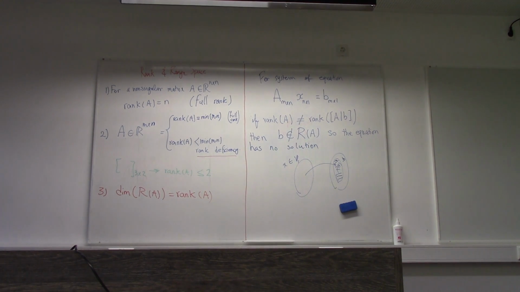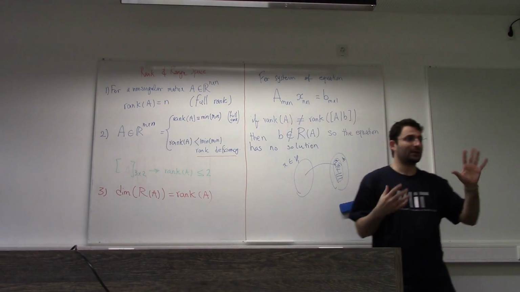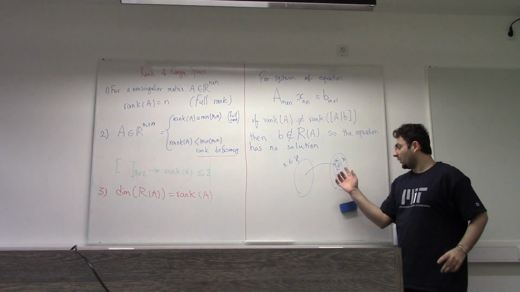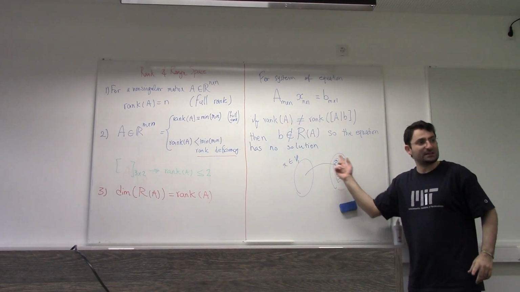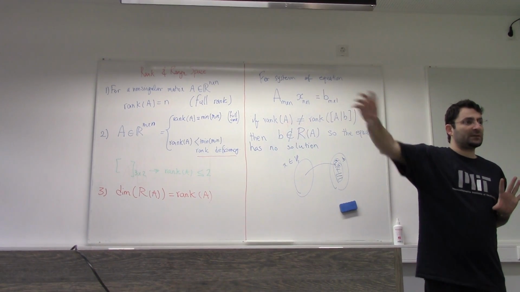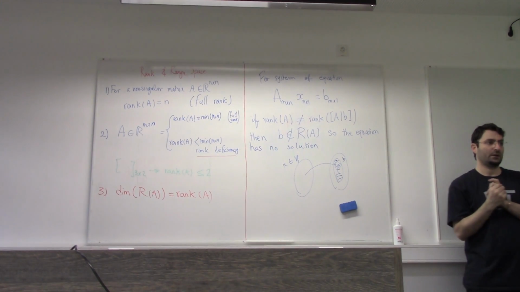We had this one, I think, at the beginning of the first weeks of the class also. I want you to visualize it so you understand why the equation has no solution. Because A can only take us within this territory, and we want to solve something which is out of this territory, and A cannot by any means take us to that territory.